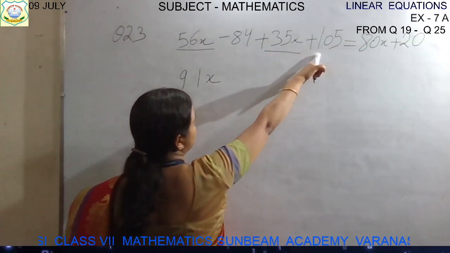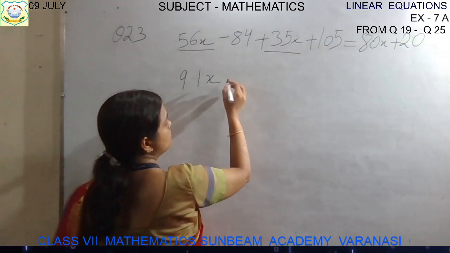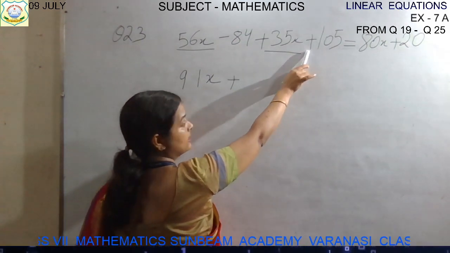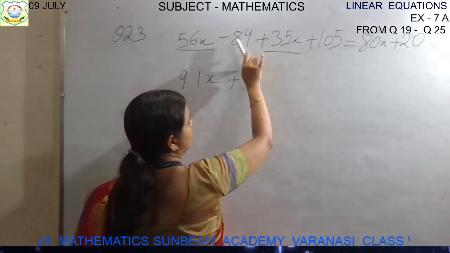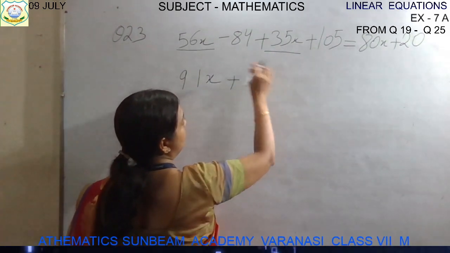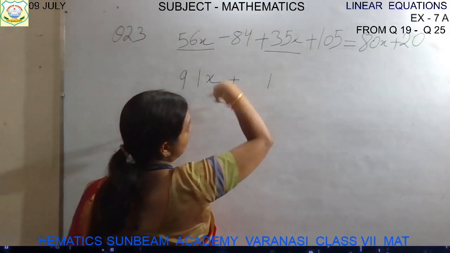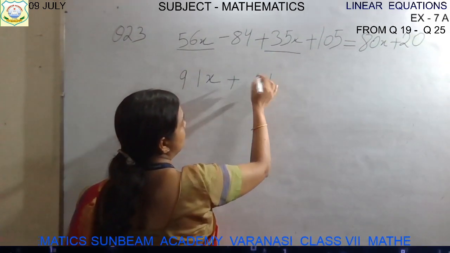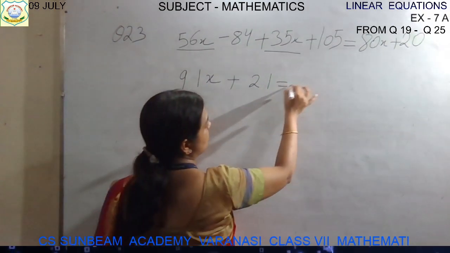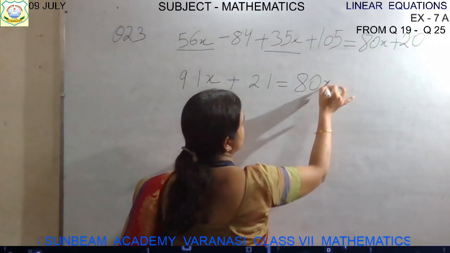This is a bigger number and this is a smaller number. So positive will come because this is the bigger number, its sign is positive. Subtract 84 from 105. So 5 minus 4 is 1 and 10 minus 8 is 2, that is 21. Okay, that is equal to 80x plus 20.